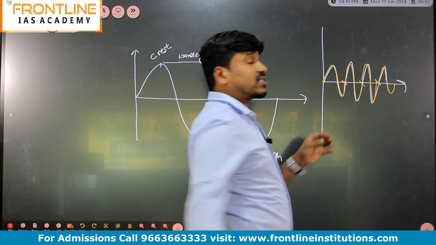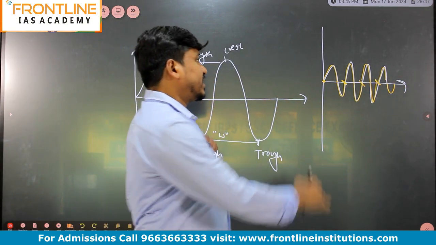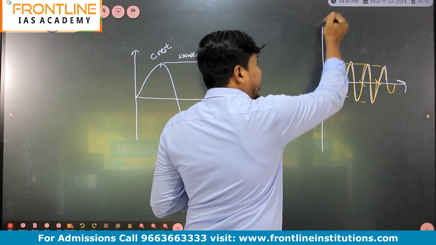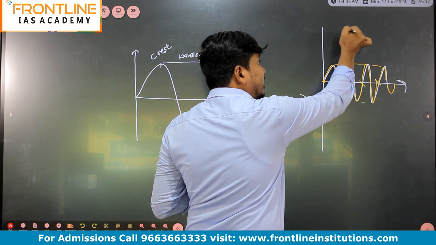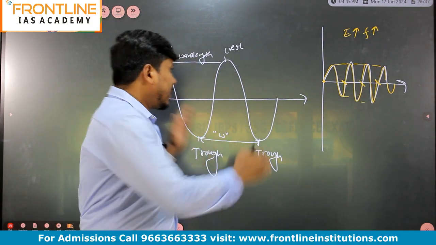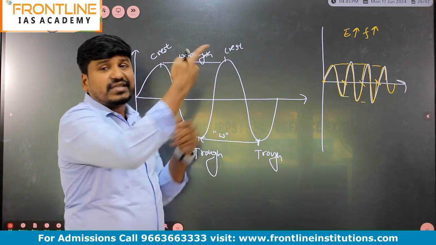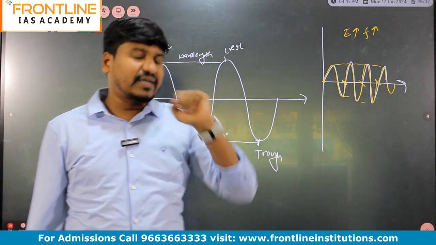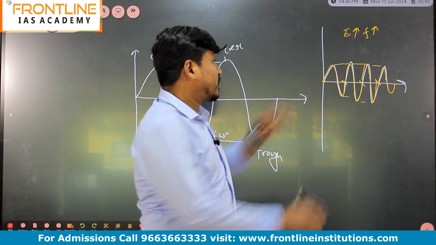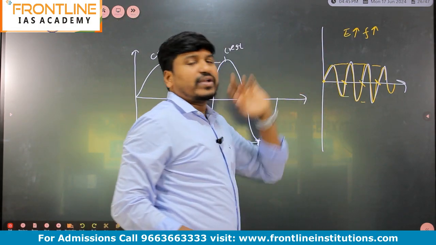So the number of cycles per second we call frequency, and these are the wavelengths. It means with an increase in energy, frequency also increases, but wavelength decreases. Energy and wavelength are inversely proportional, and energy and frequency are directly proportional.